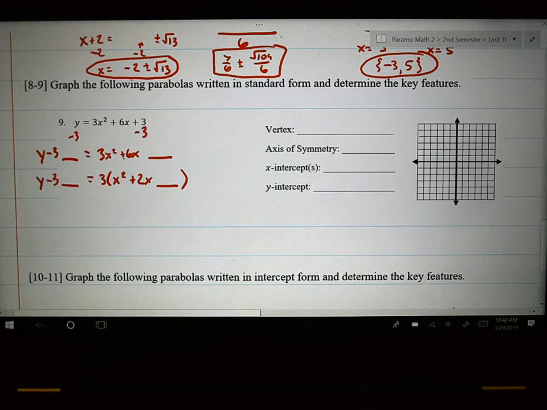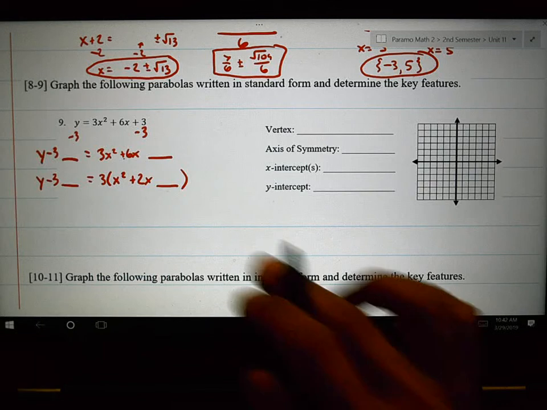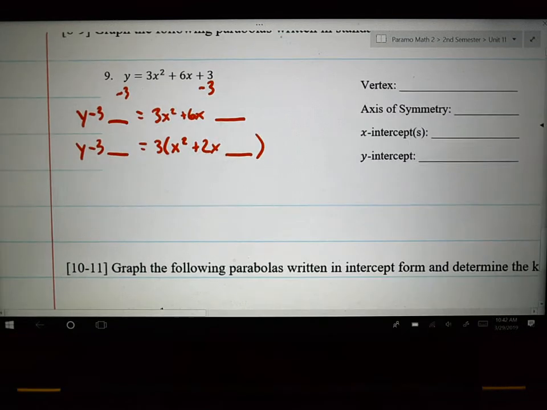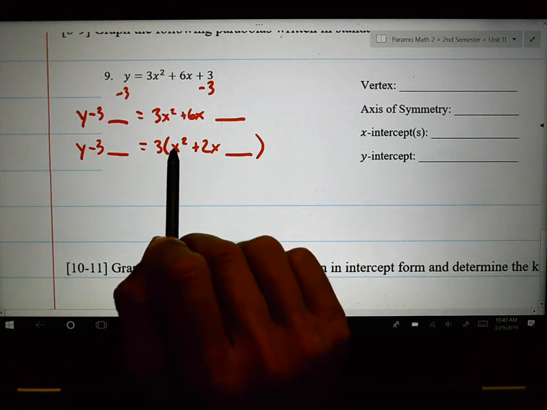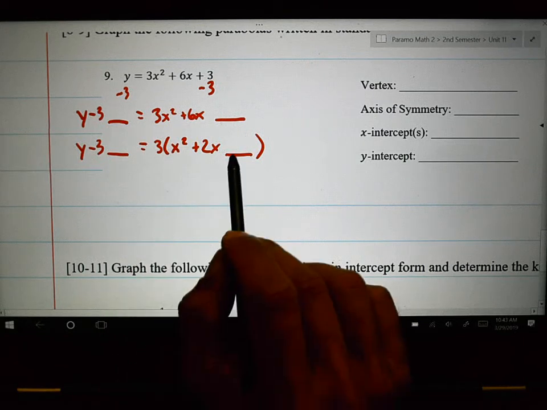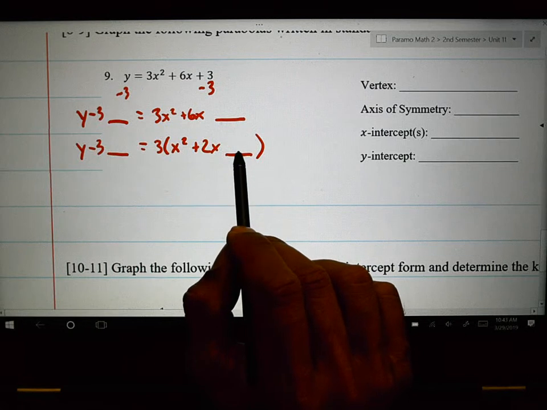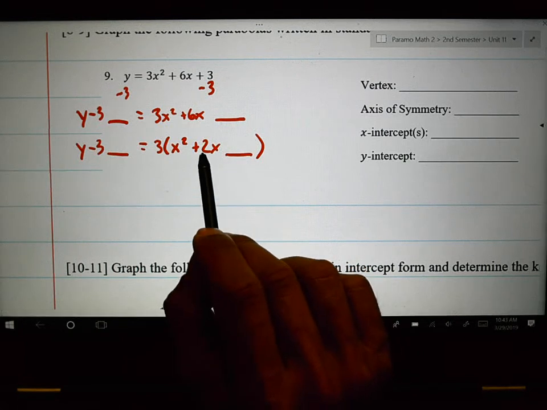A GCF, not a GCF, but a common factor, basically. And we're doing that so we get a perfect square, something times itself.